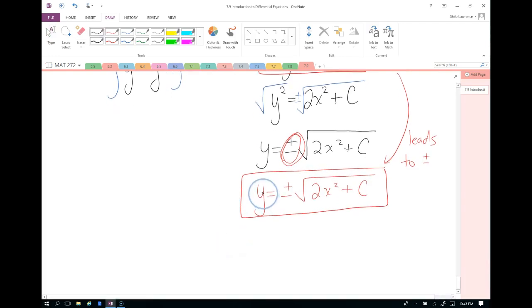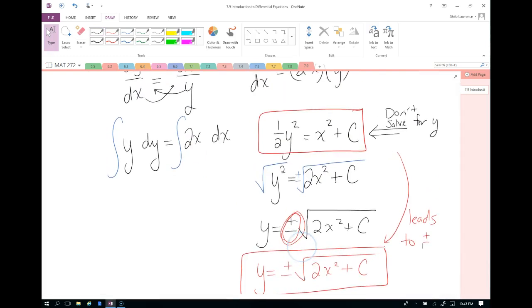The answer box might say y equals blank. Then you know they definitely want you to solve for y. Or if the answer box does not say y equals blank, if it's just an answer box, you might be able to just type the first one in, 1/2 y squared equals x squared plus c. If you get it wrong, make sure you read the box that pops up. It doesn't just say, no, this is wrong.